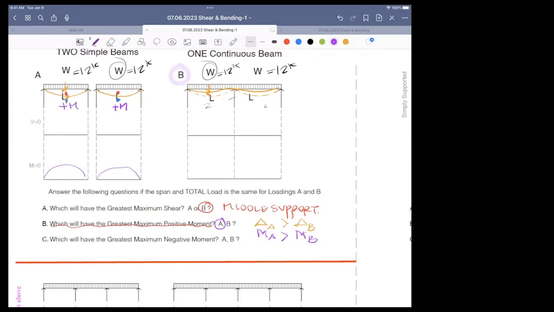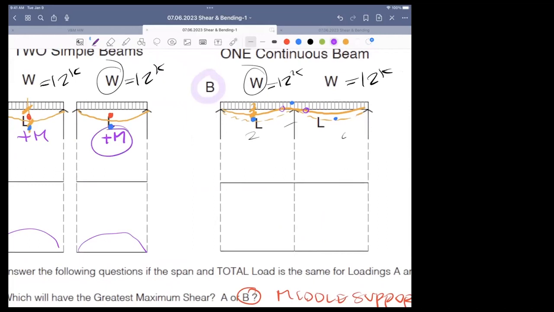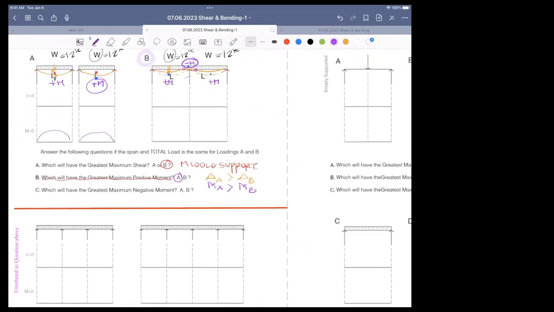For this one, I'm looking at it and I'm going compression on the top, tension on the bottom. Oh, but it flipped. There must have been a point of inflection on each side. This is a positive moment, this is a positive moment, but this one here is a negative moment. The tension went to the top. That's a negative moment.